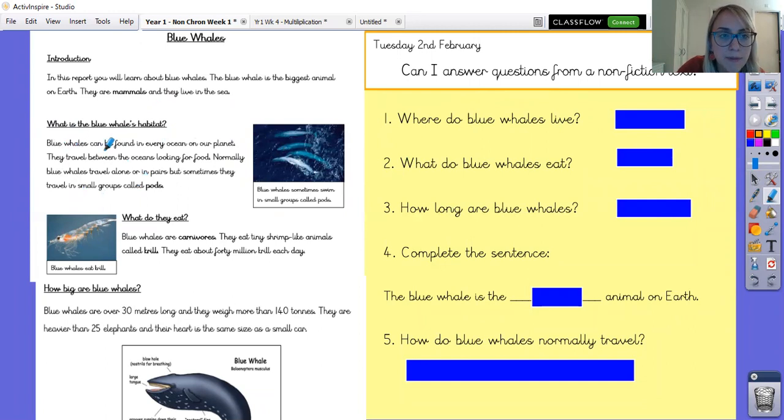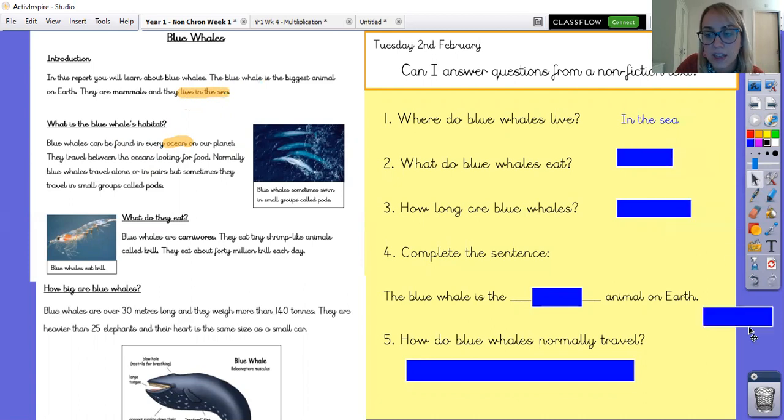Blue whales can be found in every ocean on our planet, okay? So they can be found in every ocean. They live in the sea. And I can see actually it was also said in our introduction that they live in the sea. Okay, so hopefully you have got the answer in the sea or in the ocean or in every ocean on our planet, okay? Well done.